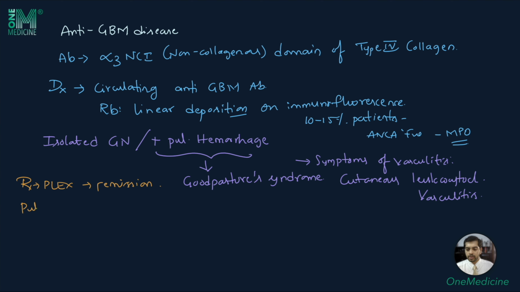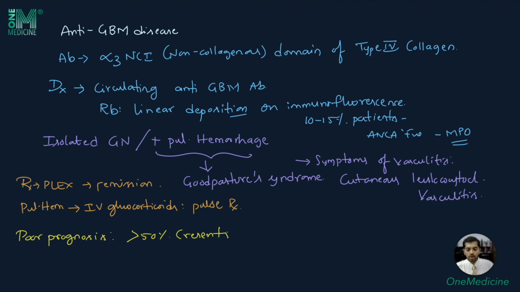If there is associated pulmonary hemorrhage, then the patients may require IV glucocorticoids as pulse steroid therapy. Some markers, if present, are associated with poor prognosis, and these include more than 50% crescents on renal biopsy and serum creatinine of more than 5 to 6 milligrams per deciliter.